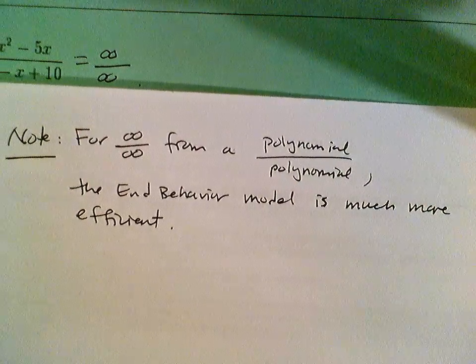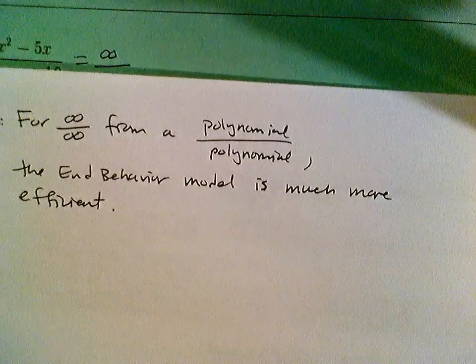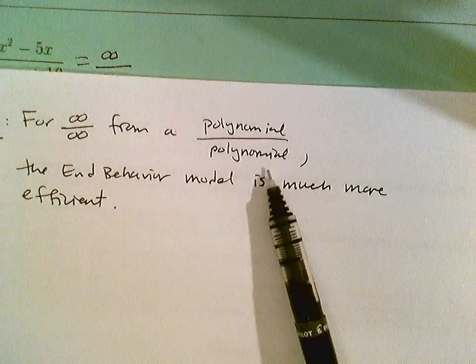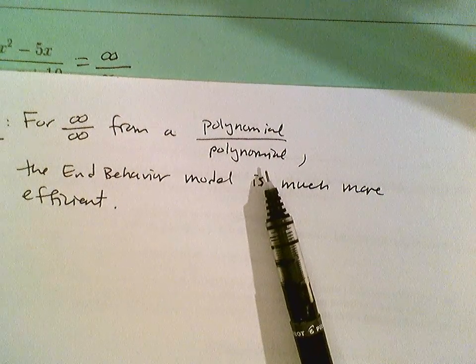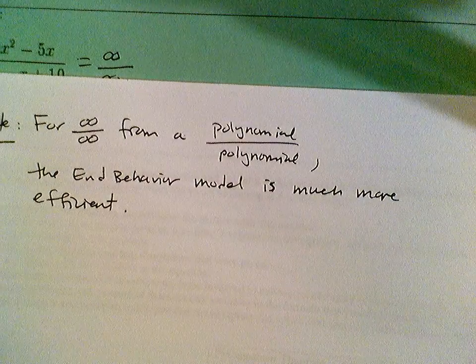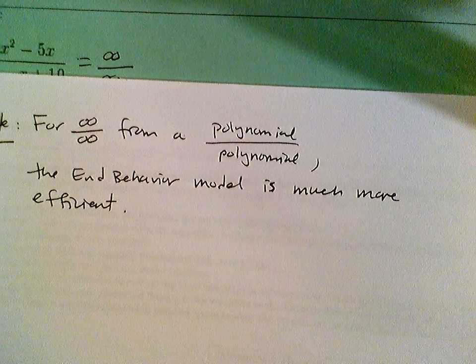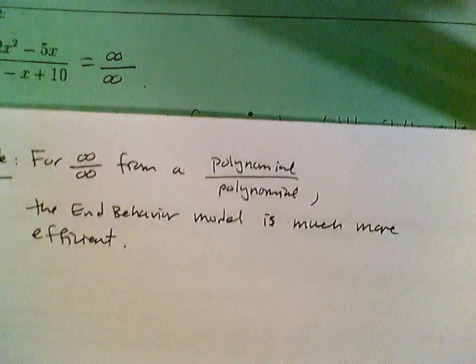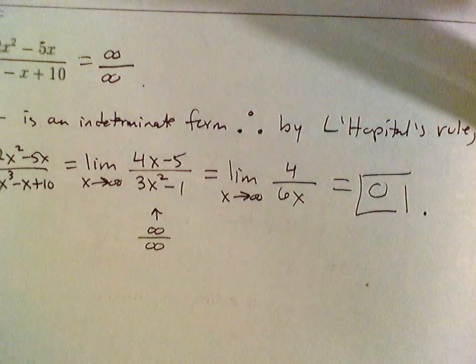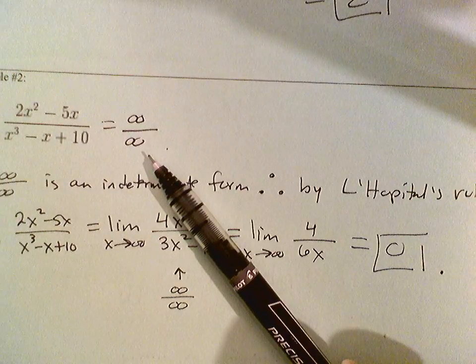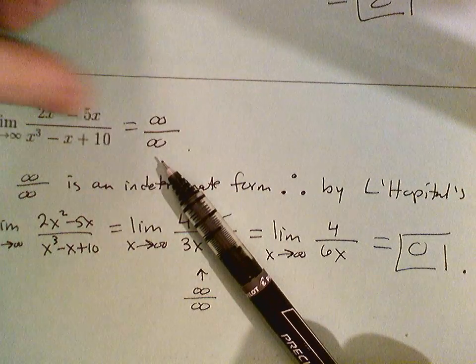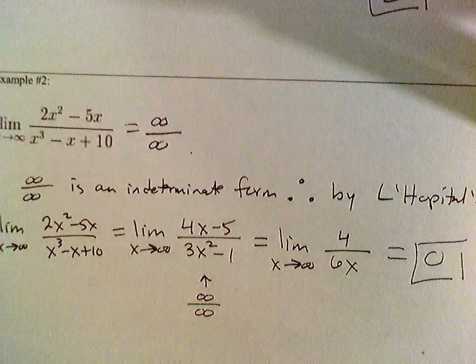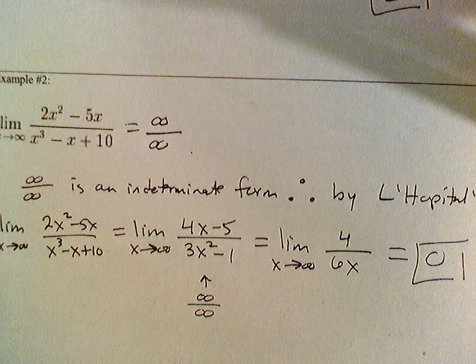Note: for infinity over infinity from a polynomial over a polynomial, just like this example, the end behavior model is much more efficient. I would recommend that in the future. In the future, whenever I give you a problem like this, where you end up with infinity over infinity, I'll try to make it something where they're not polynomials, so that using L'Hopital's rule is more of a necessity.